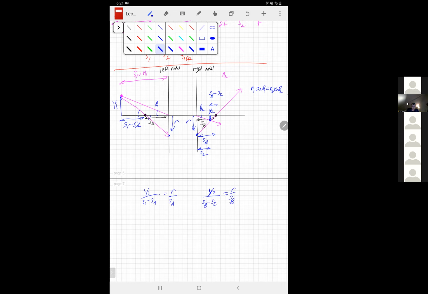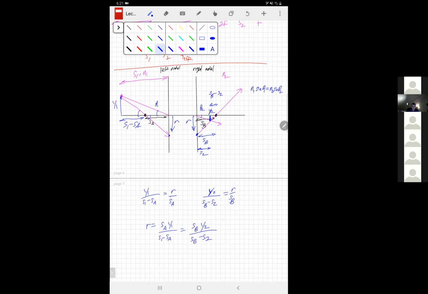So hey, we can eliminate the R's. That is encouraging. R equals SA y1 over S1 minus SA, and it's also equal to SB y2 over SB minus S2.